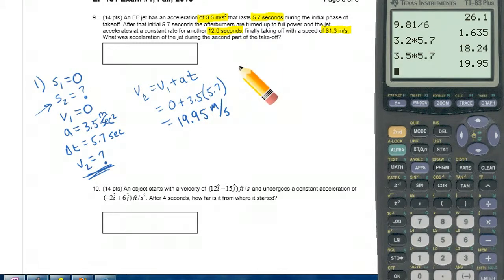Alright, so for part two, again, we don't care anything about distance. So we'll reset S2 back to 0. So we're really starting at a different, this part, moving our origin over. That's okay. We're going to call V2 equal to that number.